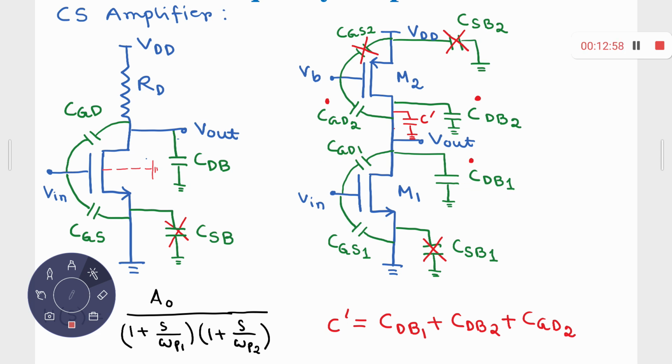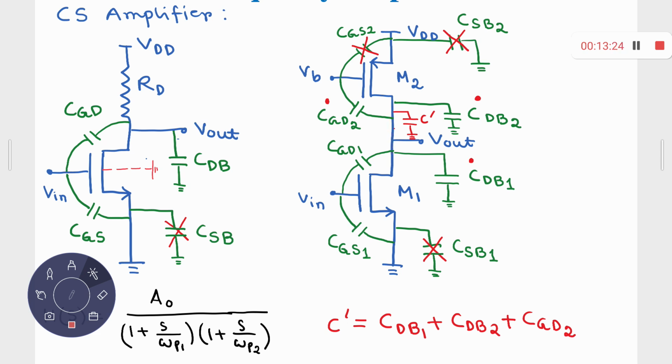And the effect of CSB1 is absent. And M2 is acting as a current source load, for which the gate is having some potential say VB, and the source is having the potential equal to VDD, that is the supply, and the drain of M2 is the output terminal. These 2 drains are shorted together.